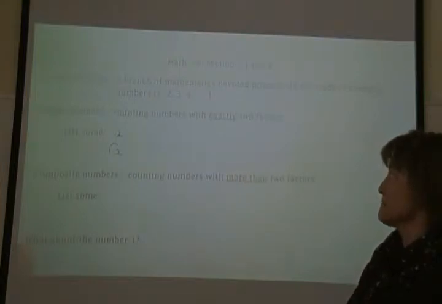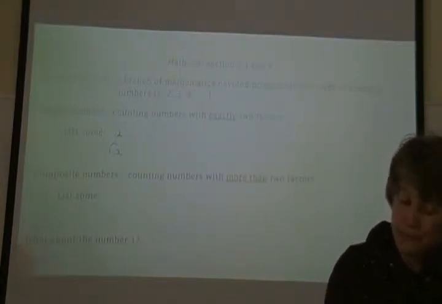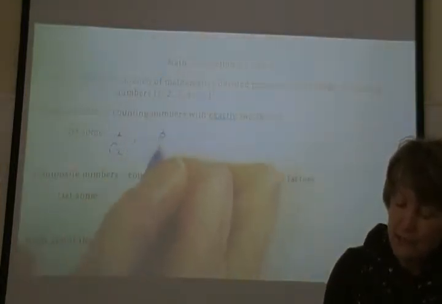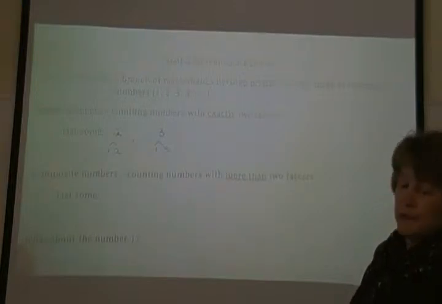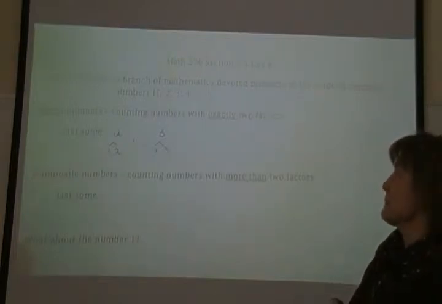There aren't any other ones. Another prime number is the number 3. Its factors are 1 and 3, and that's it. We wouldn't say 4, because 4 has factors of 1 and 4, and it has a factor of 2.